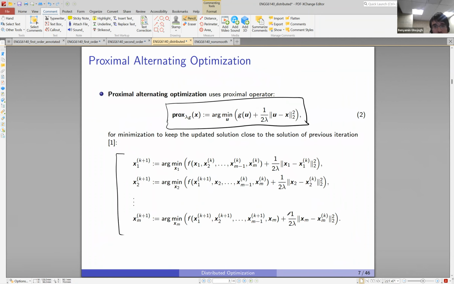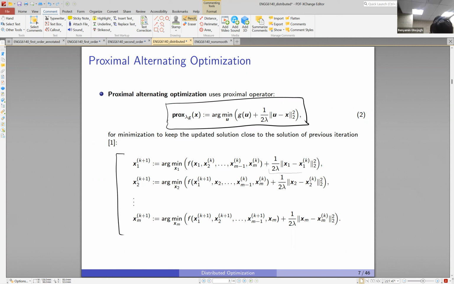You can use the proximal operator, like what you had in the proximal gradient method. Do you remember we had that? So you can write it in this way, and say, okay, I want to minimize this function. Again, I use these as constants, only with respect to x1, and here with respect to x2 and so on.